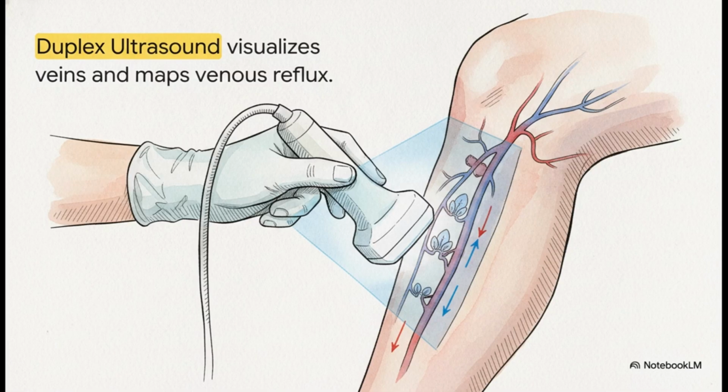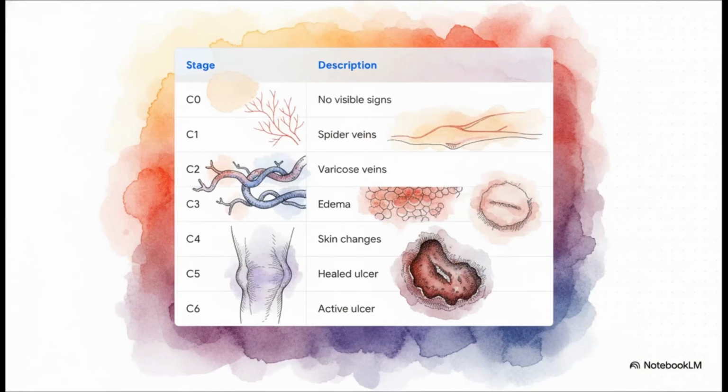Once mapped, clinicians use this beautifully structured table to grade the severity, the CEAP classification. It stands for clinical, etiologic, anatomic, and pathophysiologic, but let's just focus on the C scores for now. Notice how the severity escalates step by step.